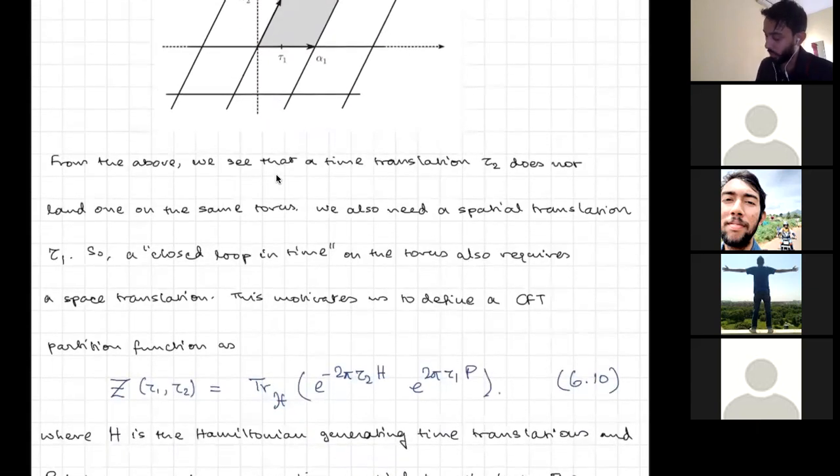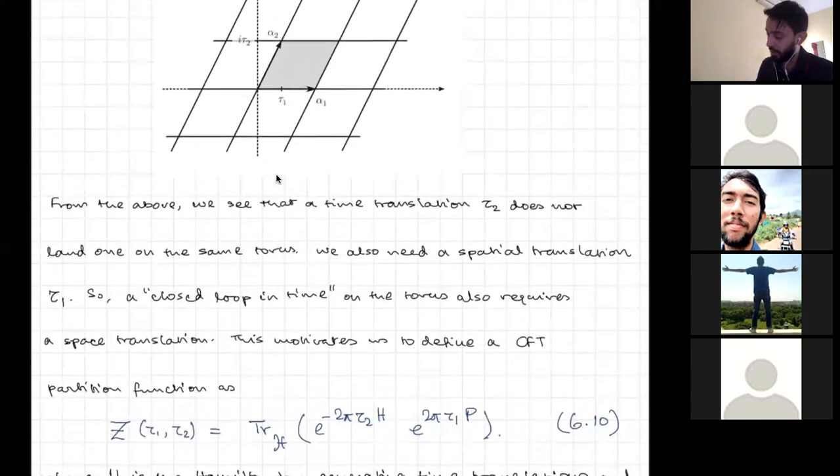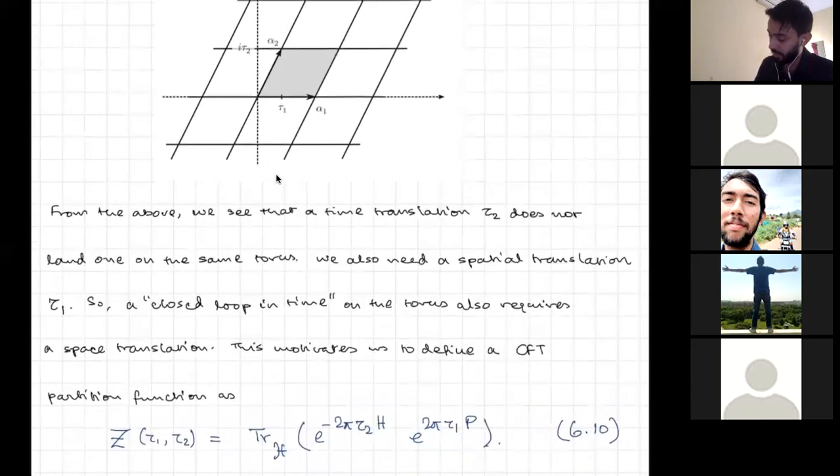So what is that going to be? A partition function is going to be something which is this particular translation in time. That's the thing that I have written for you here. The 2 pi's are a matter of convention, and it goes into the time translation operator.